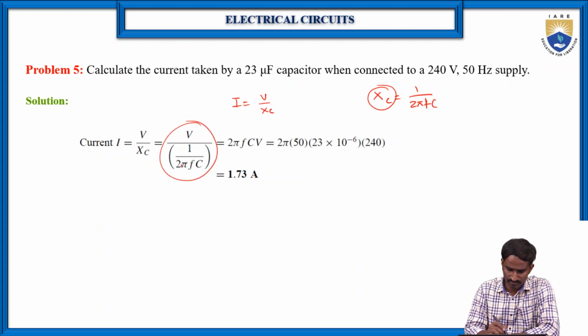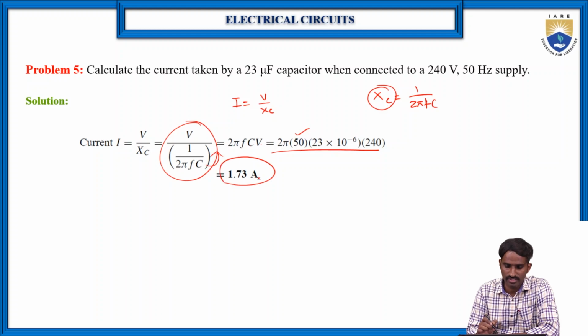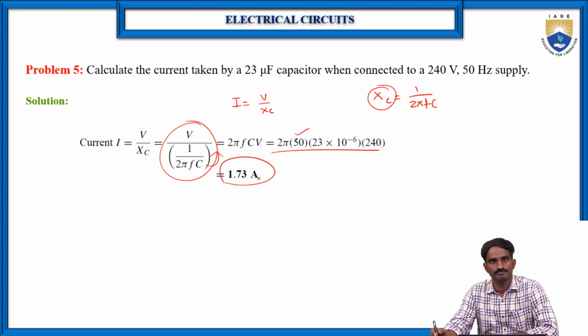If you send this to the upside, then it will be 2 pi Fc into V. Then substitute all the values. Here F is equal to 50 Hz and C is 23 microfarads, so 23 into 10 to the power of minus 6, and V is 240. Okay, then if you simplify, you will get 1.73 amperes. That is the current flowing through that particular circuit.